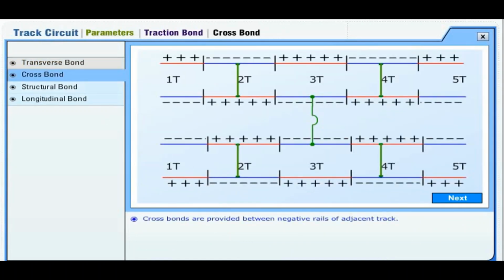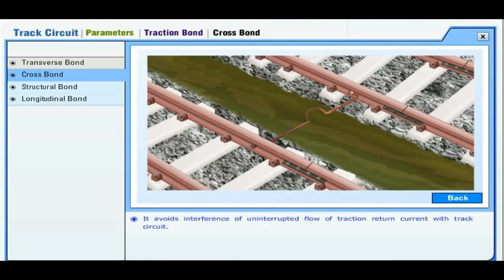Cross bond. Cross bonds are provided between negative rails of adjacent tracks. It avoids interference of uninterrupted flow of traction return current with track circuit.